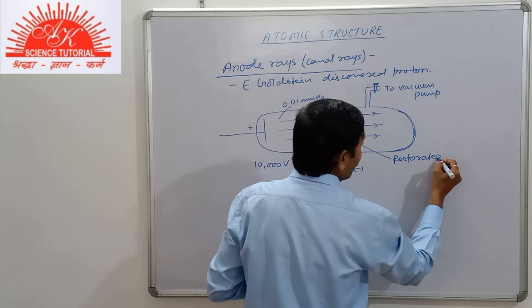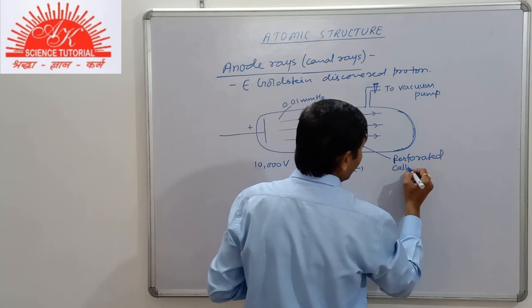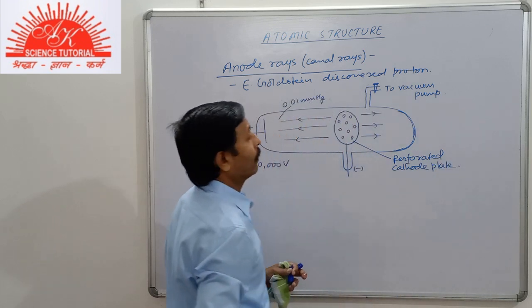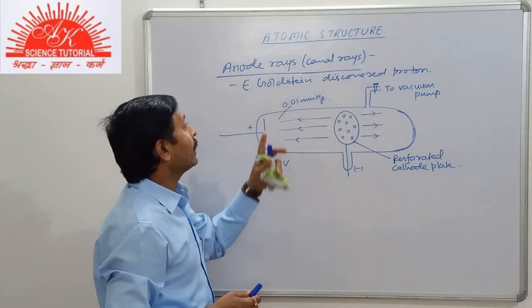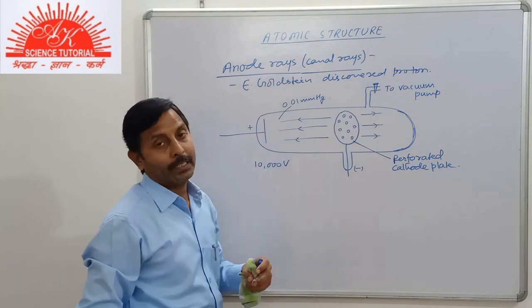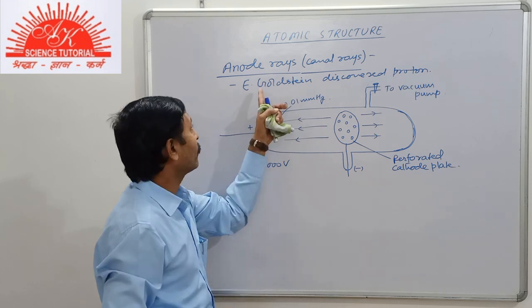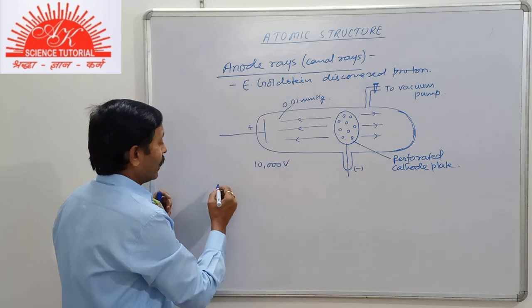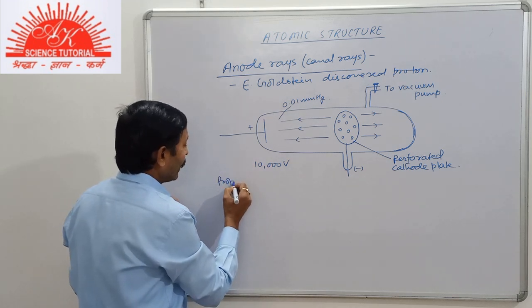Perforated means having holes. So this was the discovery of anode rays, performed by E. Goldstein. Now we have to study the properties of anode rays.